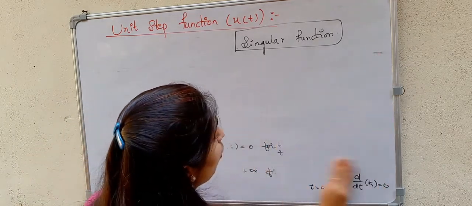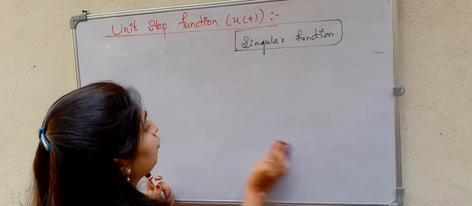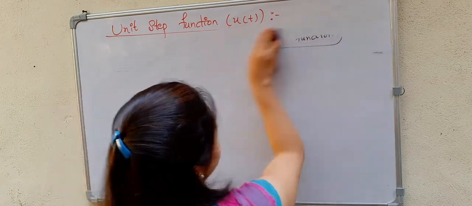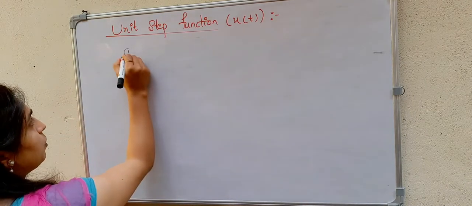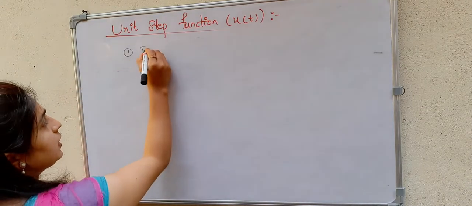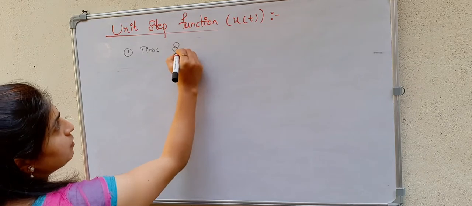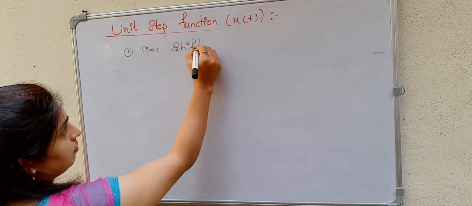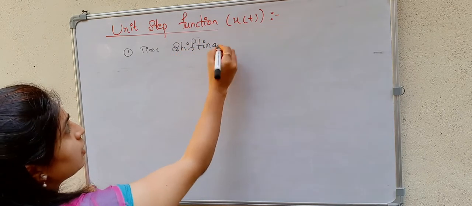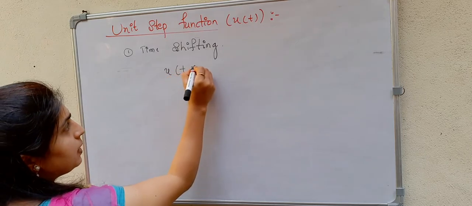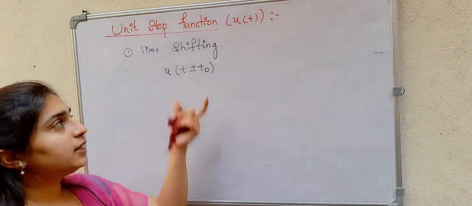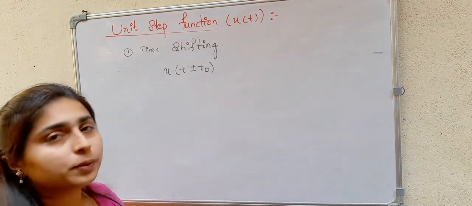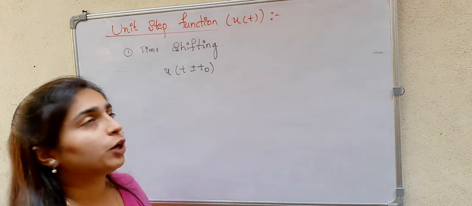There are some operations which can be performed on the unit step function. The first operation, I will consider it as the time shifting operation. See here, u of t plus or minus t naught. We had studied this in the video on operations performed on the independent variable.